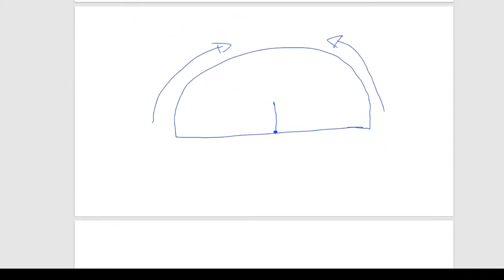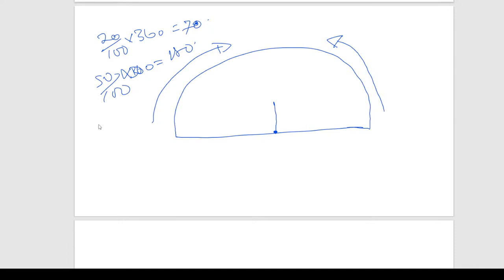Ne? So now, look. After calculating, for example, you said 20 out of 100 times 360, it gives you 70, whatever. I'm just giving a figure. Ne? 72, whatever. 50 divided by 100 times 360, it gives me 180.